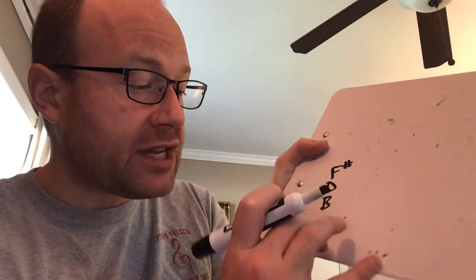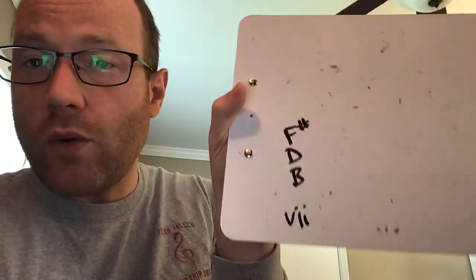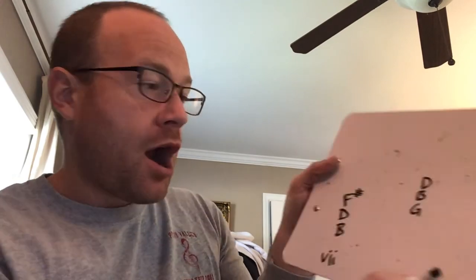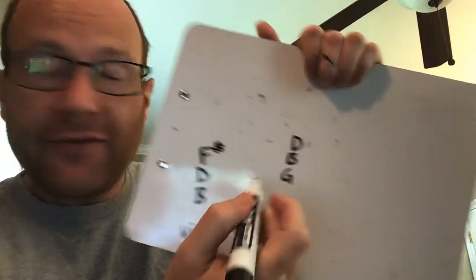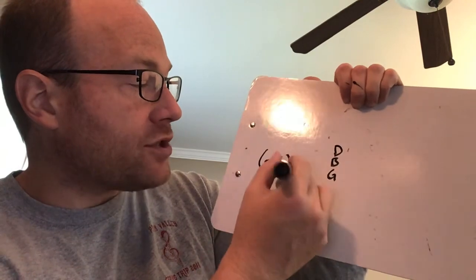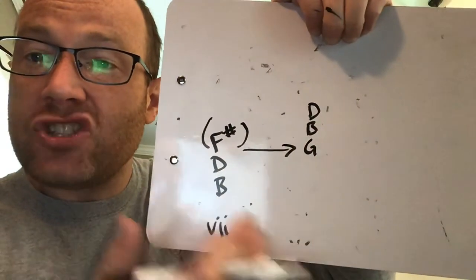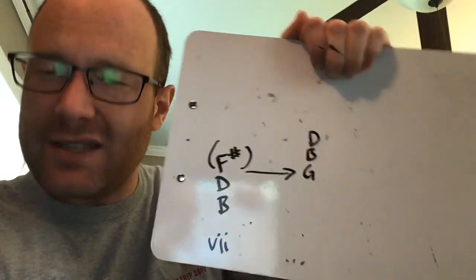Now it's no longer diminished, but it's still a 7 chord. Okay? And then all of a sudden, I turn that into G, B, D, where I could use the F sharp as kind of a non-chord tone that leads to the G. And then all of a sudden, it changes into this next key.